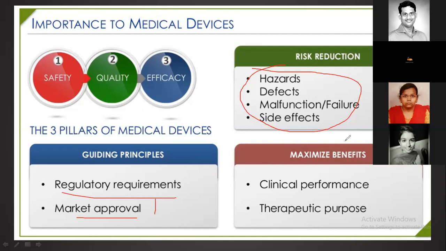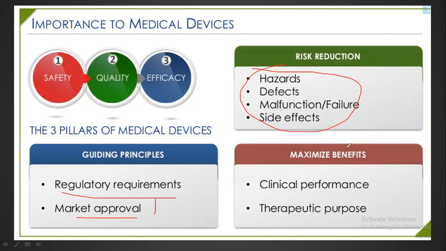It maximizes benefits: the clinical performance is improved, as well as the therapeutic purpose. These two are the advantages whenever you reduce the risk of hazards, defects, malfunction, failure, and side effects.